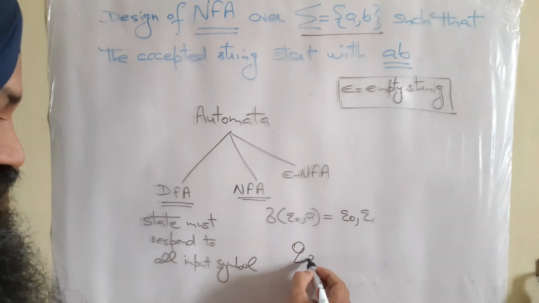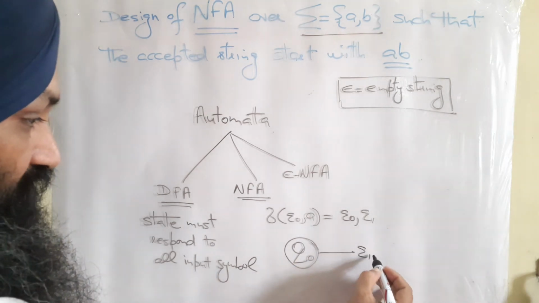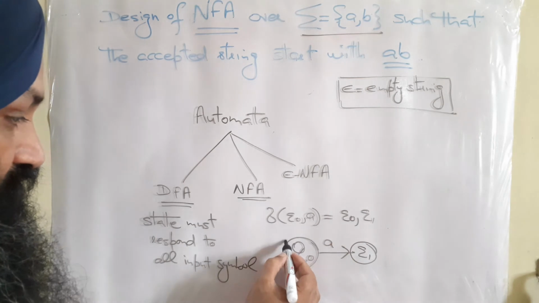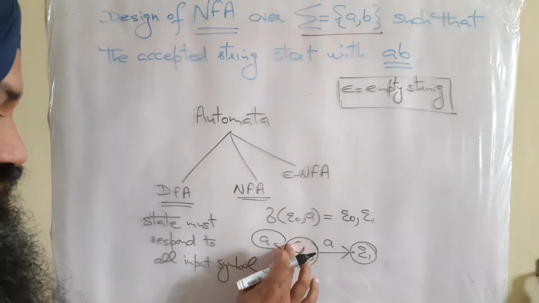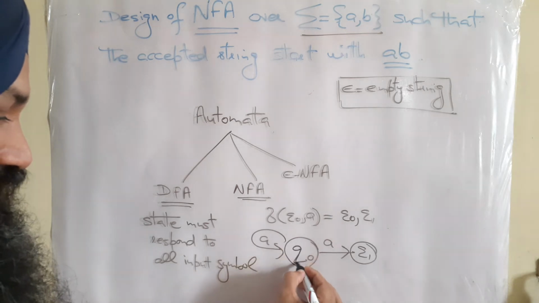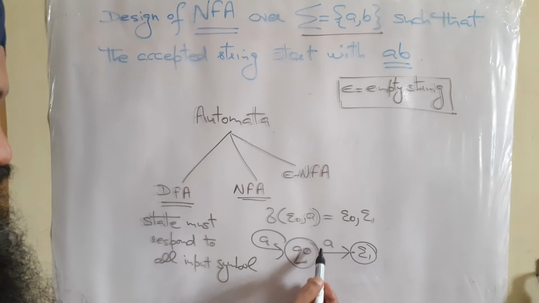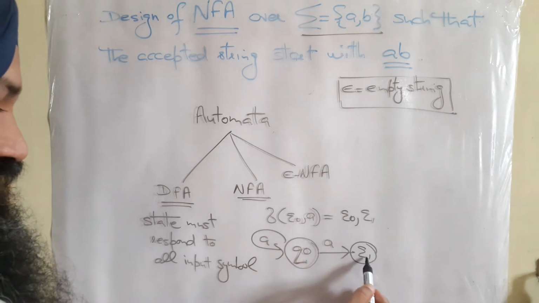We have q0 state and q1 state, but with the same input a, we are able to move to q0 as well as to q1.